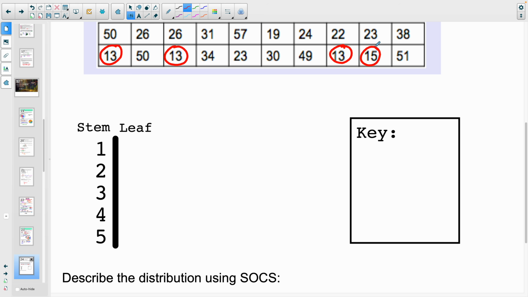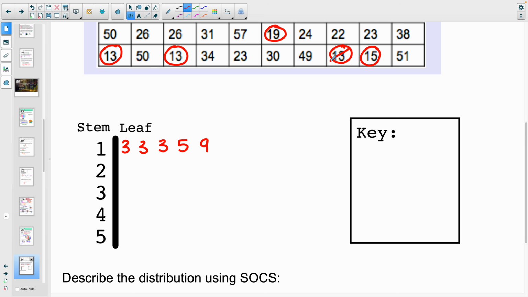Then there's also a 19 up top. Those all start with a 1, and we put those in order from least to greatest. So you put 3 3s in a row because that's a 13, then another 13, then another 13, 15, 19.